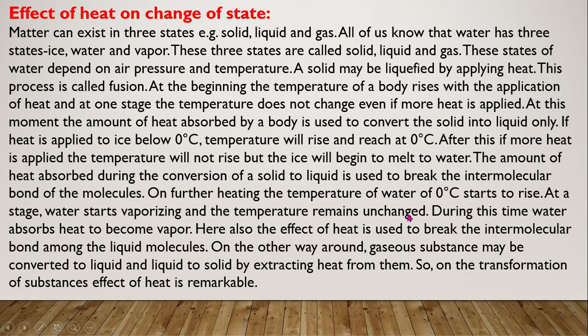So at that time, the heat absorbed will be used for breaking the intermolecular bond. During this time, water absorbs heat to become vapor. Here also the heat is used to break the intermolecular bond among the liquid molecules. On the other hand, a gaseous substance may be converted to liquid and liquid to solid by extracting heat from them. So on transformation of substance, the effect of heat is remarkable.